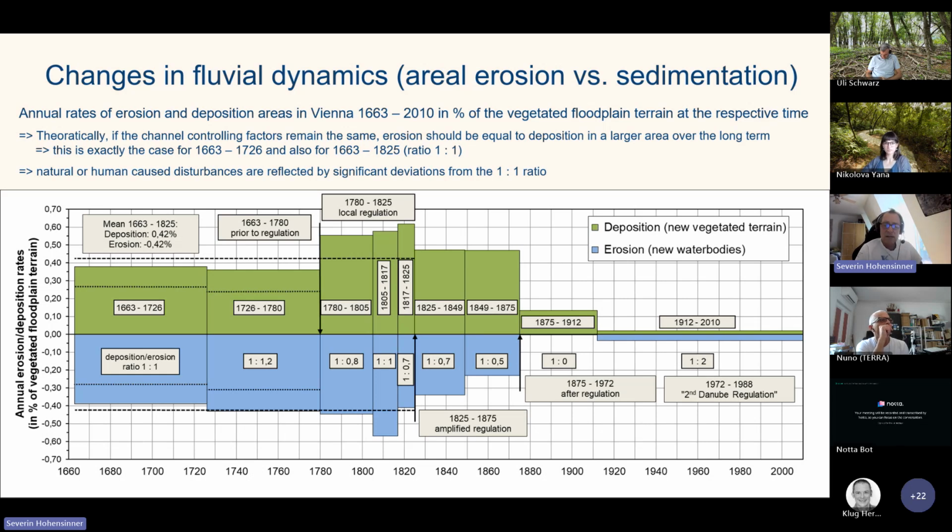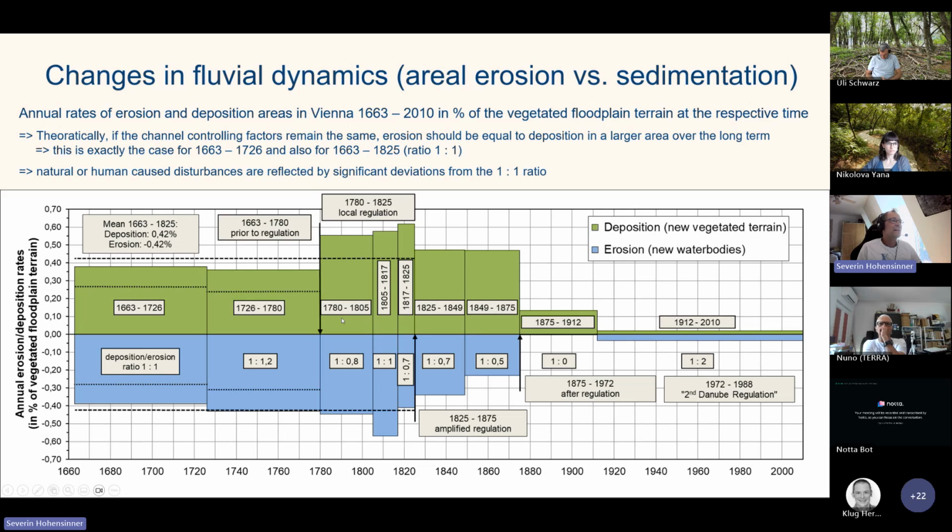Of course, locally you always have disturbances and changes, but theoretically on larger scale and longer time period, the ratio should be 1:1, and this is exactly the case for 1663 to 1726. As we can see here, the ratio is 1:1.